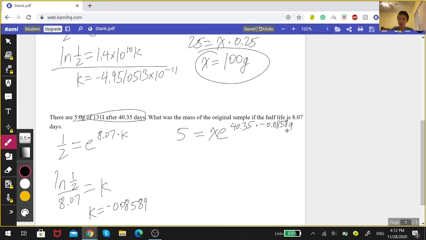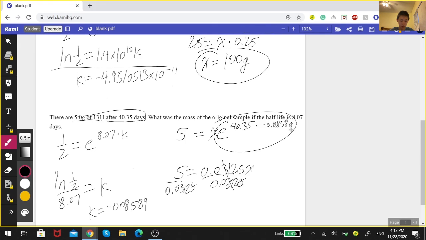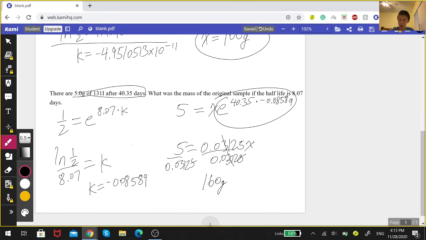Now with that, we can easily find what this number is. 5 is equal to e to the 40.35 times negative 0.08589, that gives us 0.03125x. Divide both sides by 0.03125, and we are going to get 160 grams. So the final answer to this is 160 grams.